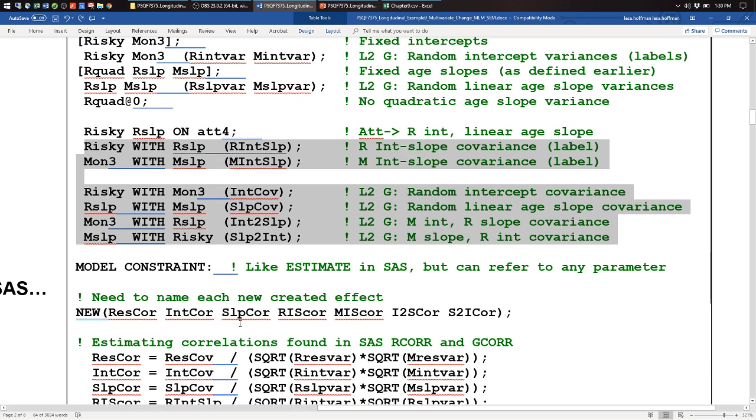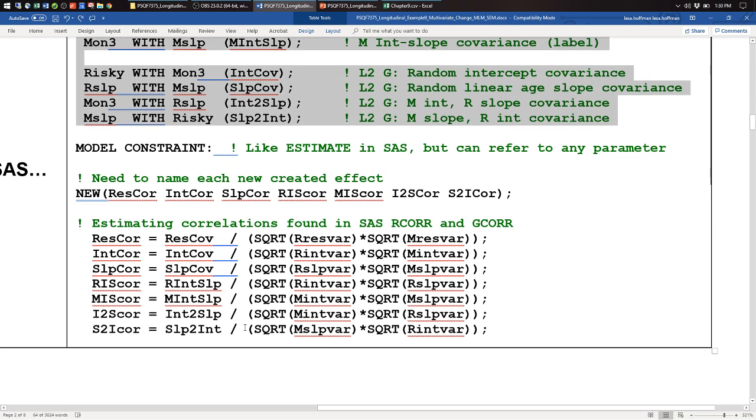And because M+ does not give you standardized results for multi-level models, I tricked it. Model constraint allows you to make new parameters that are linear combinations of estimated parameters. So it works just like estimate, what we've been using for simple slopes and predicted values, except that it also extends to variances.